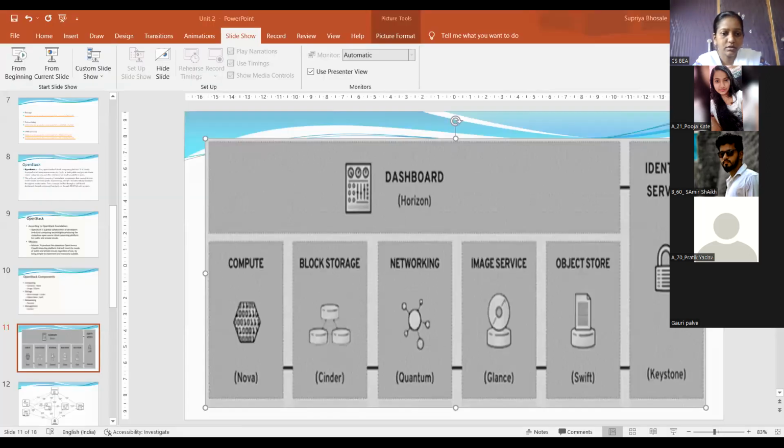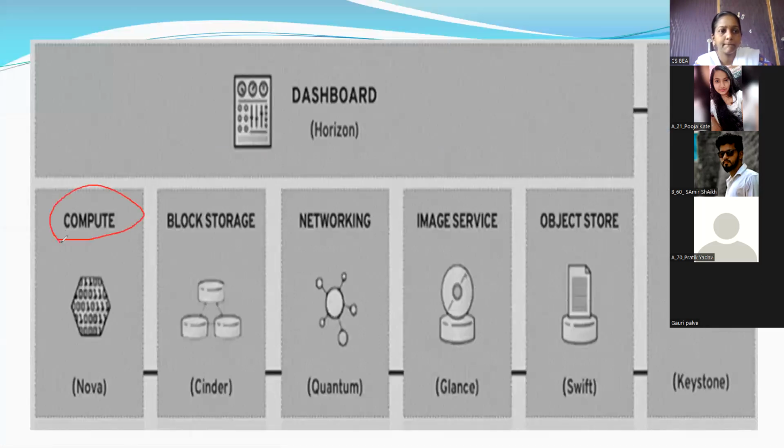So these are the components we are looking into. We have seen Nova, that is nothing but the compute. Then we have seen object storage, that is Swift.